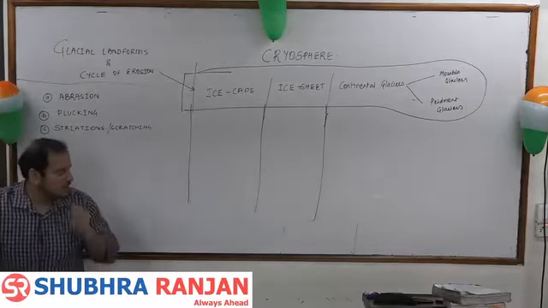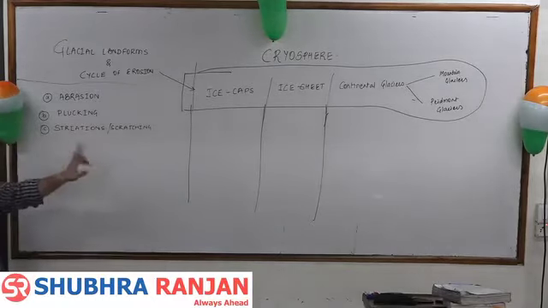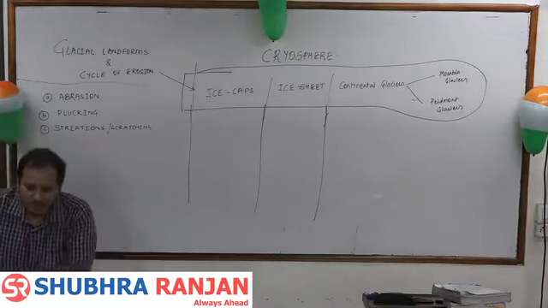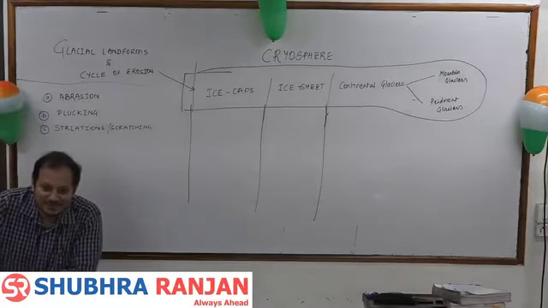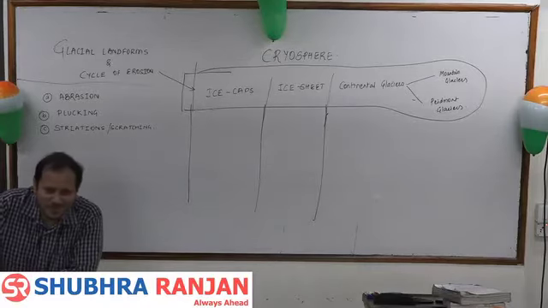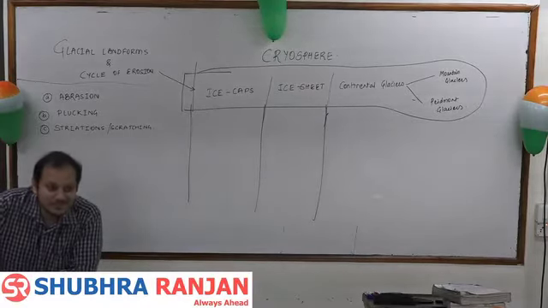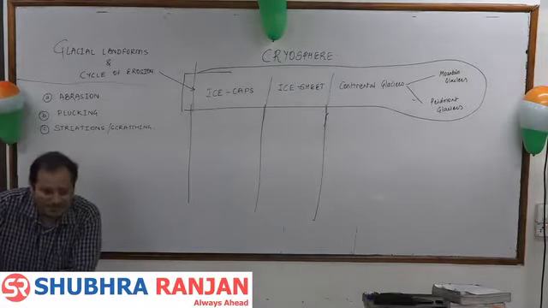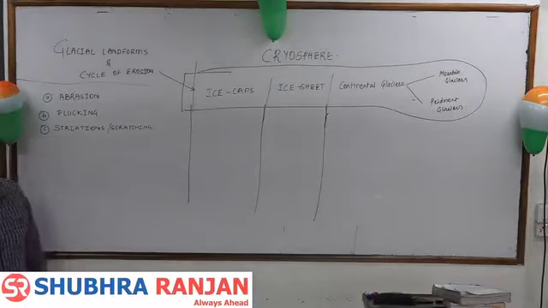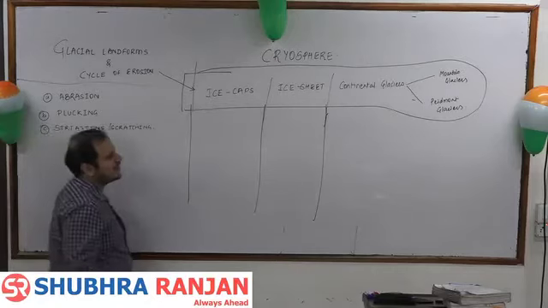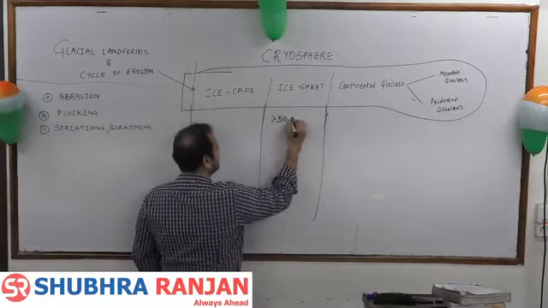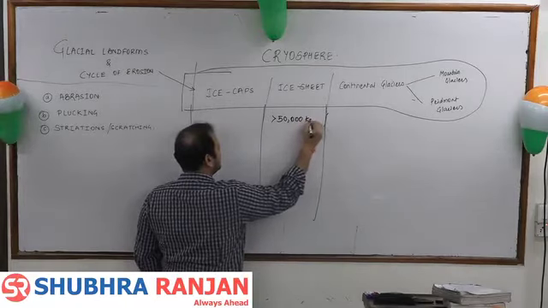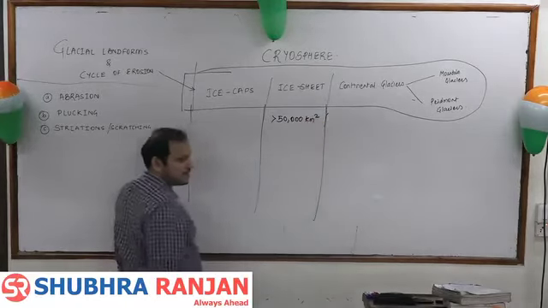Getting it? So can someone tell me the difference between ice caps and ice sheets? It is just the size. If it is greater than a certain area, it is an ice sheet.